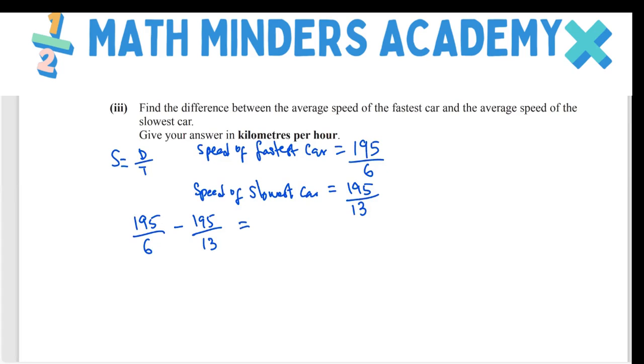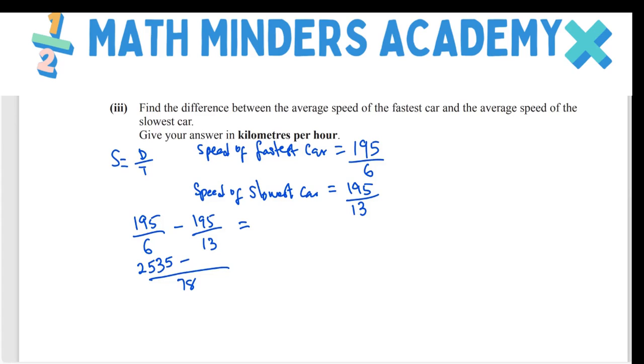Okay, so we will see what this gives us. If we take the LCM here, which is 78, we are going to have 2,535. If we divide 78 by 6, it gives us 13 times 195, which is 2,535.